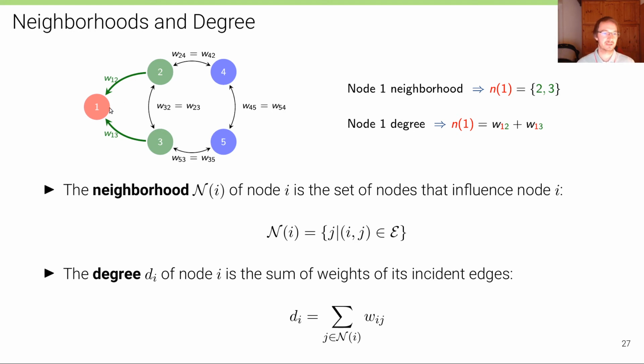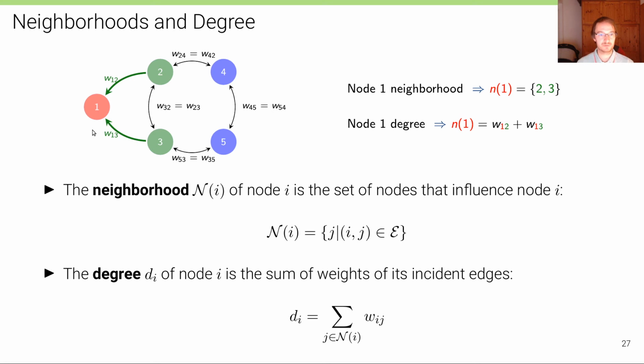In this example, we have these two green arrows that indicate that both node 2 and node 3 have an influence on node 1. But there is no edge from node 4 to node 1, and there is no edge from node 5 to node 1. Therefore, the node 1 neighborhood is the set 2 and 3, the two vertices 2 and 3. The degree di of node i is then the sum of the weights of its incident edges.